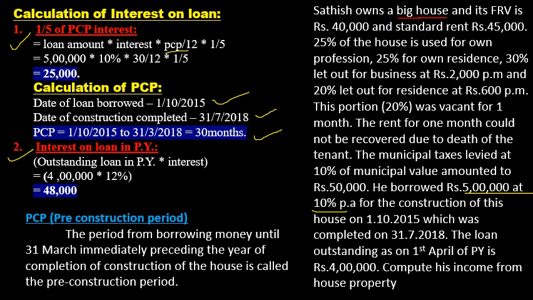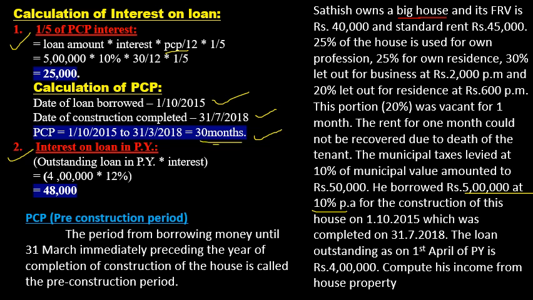Here the construction was completed in July 2018, so we have to calculate the interest till March 2018 only, the month prior to the month of construction completion in the previous year. So that is the PCP. Here it is from 1st October 2015 to 31st March 2018, 30 months. Not till 31st July, till 31st March only.